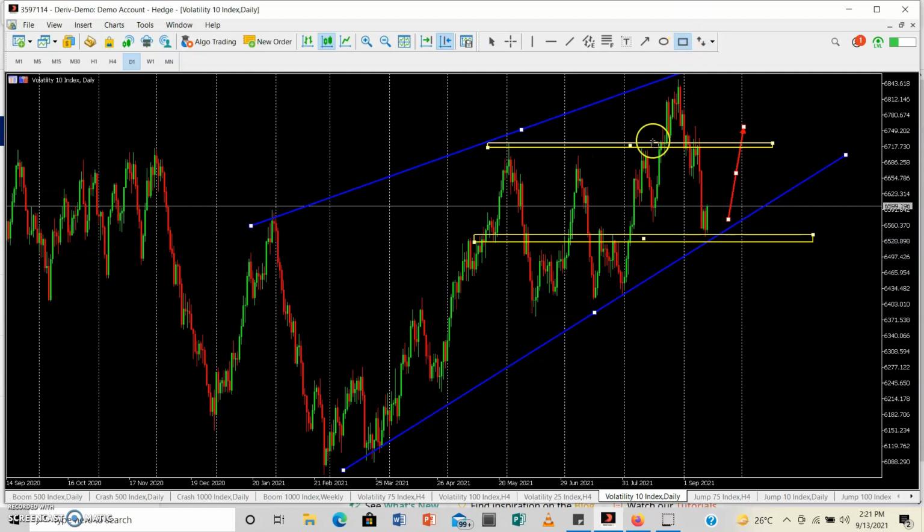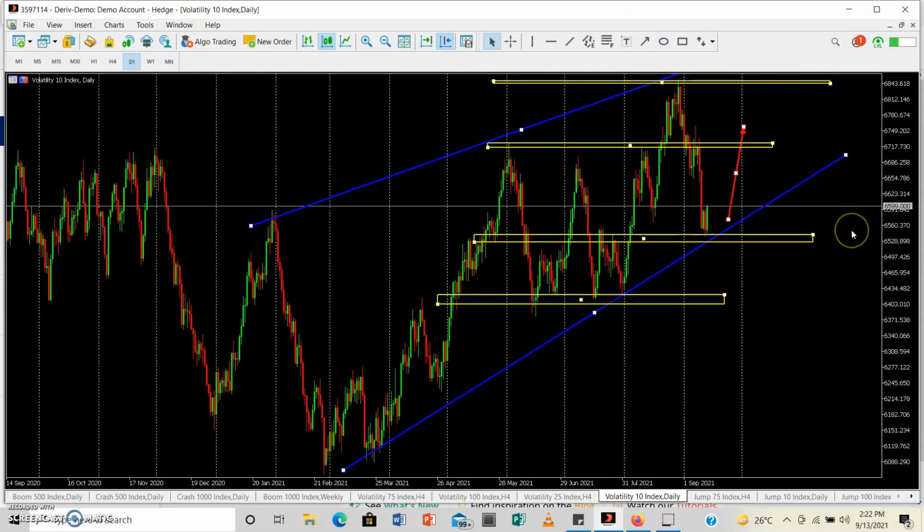I still have some nice supports here, and then maximum resistance point of this. So taking a buy trade here wouldn't be a bad decision. You can move up to this level, try and maximize some profit.